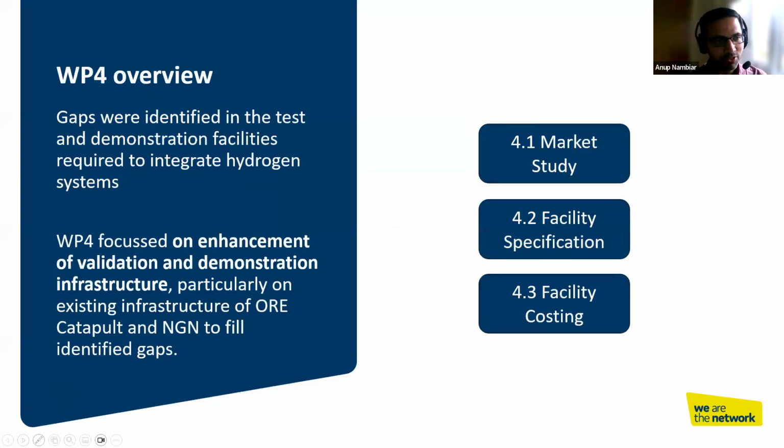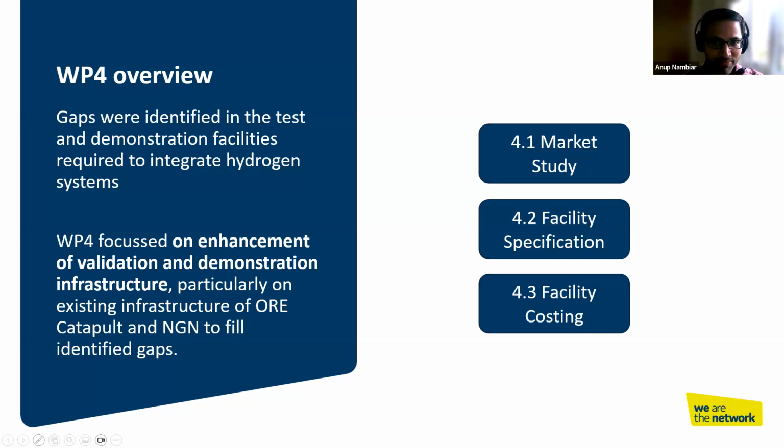So this work stems from previous work that we did within HyCoRe discovery, which was the previous phase of this project, wherein we had reviewed technology gaps and test and validation requirement gaps within the hydrogen space. And our focus in work package 4 of the HyCoRe Alpha project, that's the current project, was to explore enhancements of existing testing facilities that both ORE Catapult and Northern Gas Networks, NGN, have to fill some of these gaps we identified.